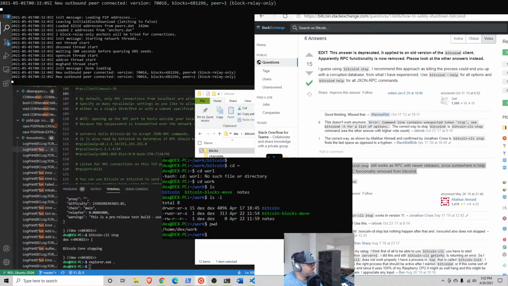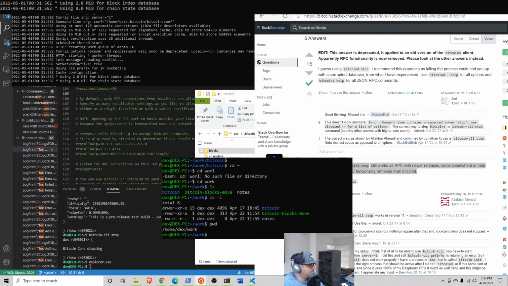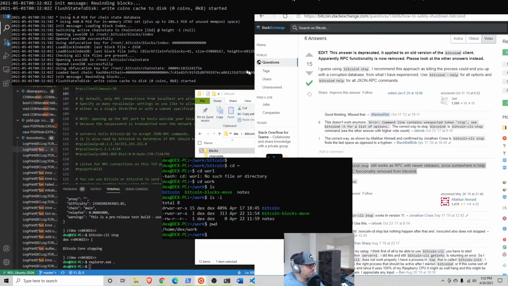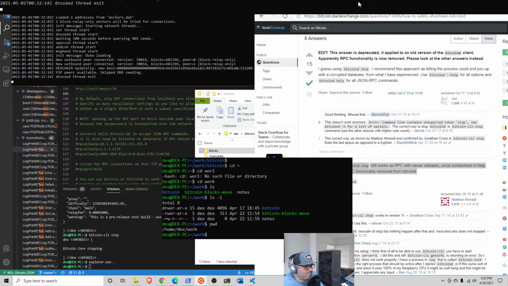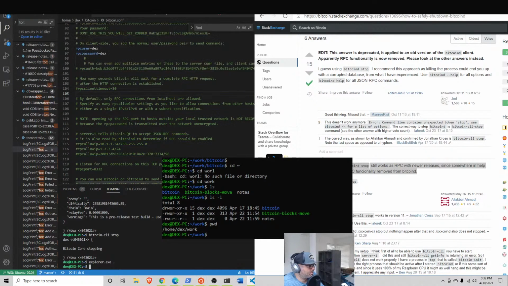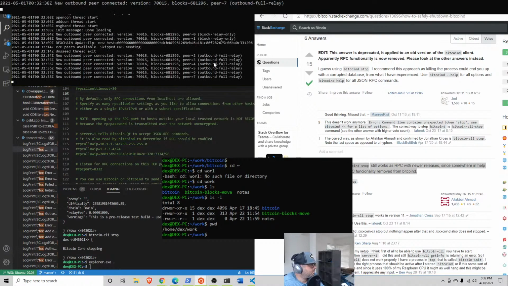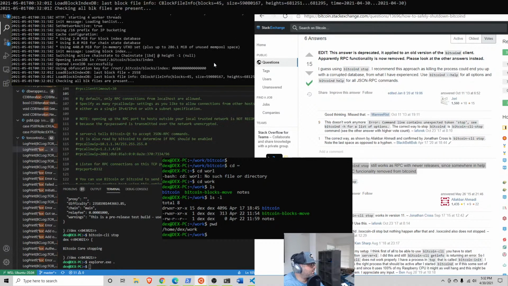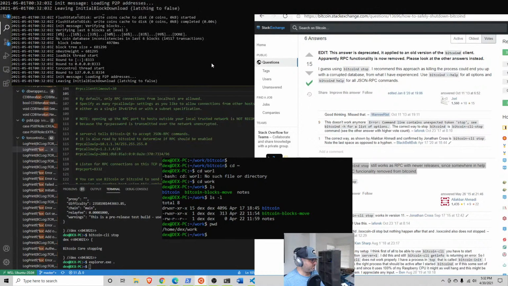Whoa, what was that? May 1st, 2021 already. Oops, root? Damn it. Why is this doing root?